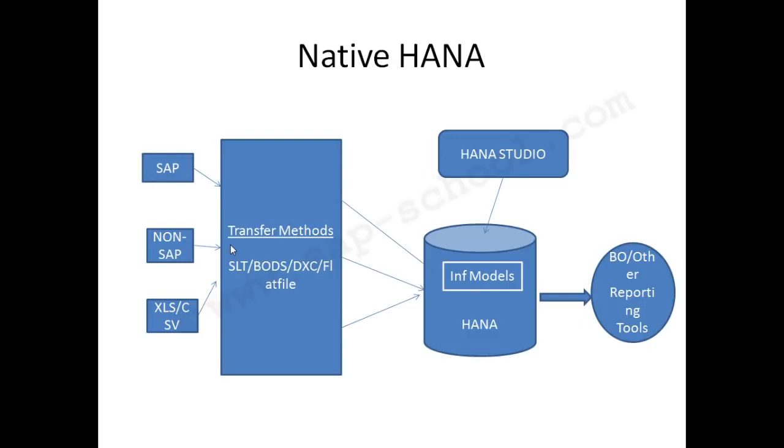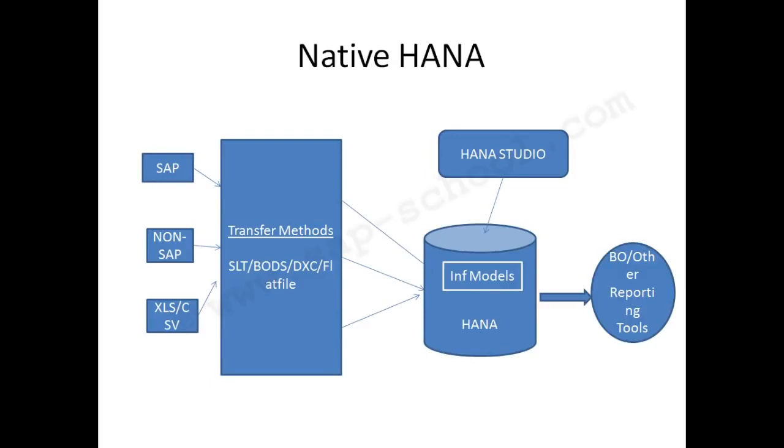So it's basically a structure where you can transfer data from SAP ECC to BW. So we are using those data sources to transfer data from the SAP systems into the HANA database.